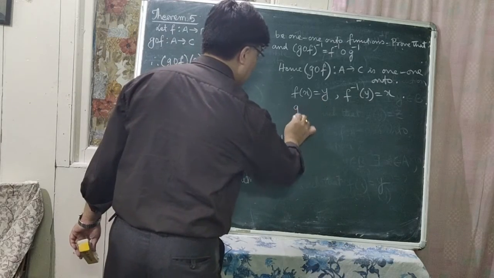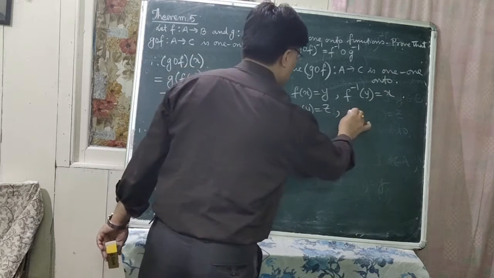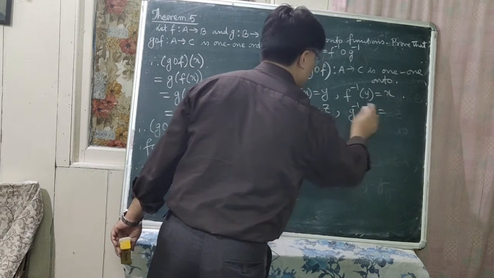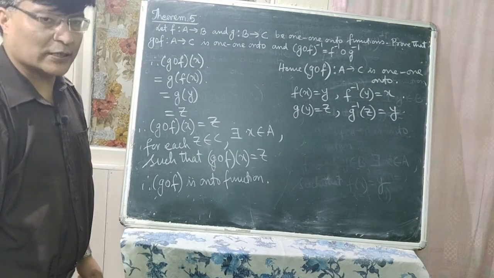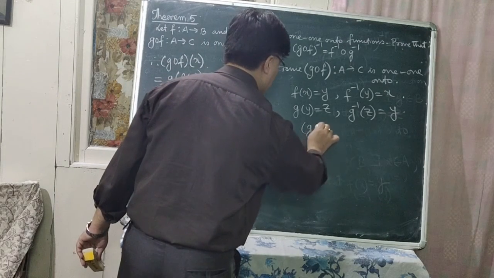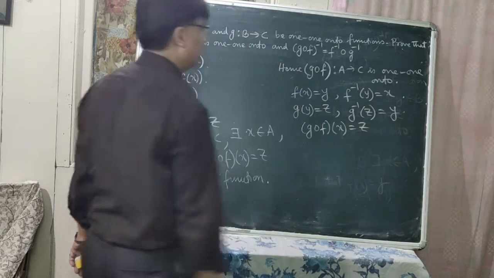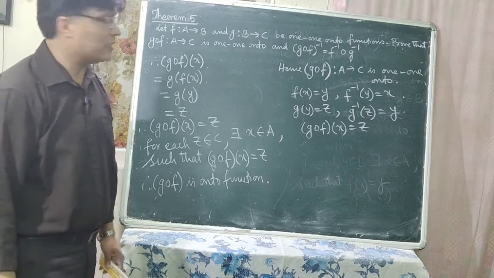Again we have g of y is equal to z, so g inverse z is equal to y. And also we have gof of x is equal to z, right?